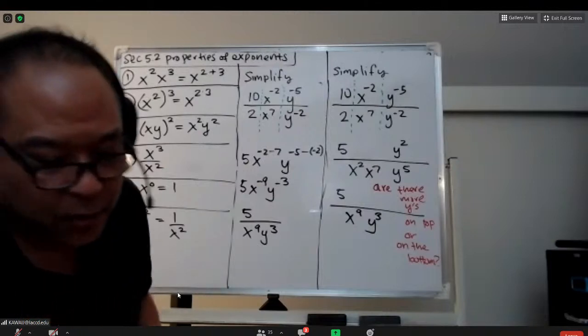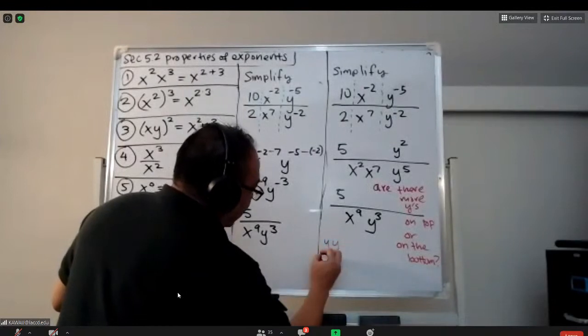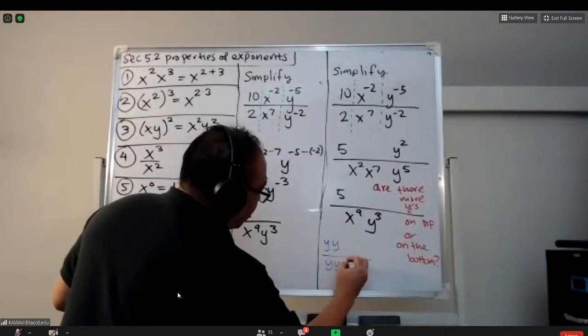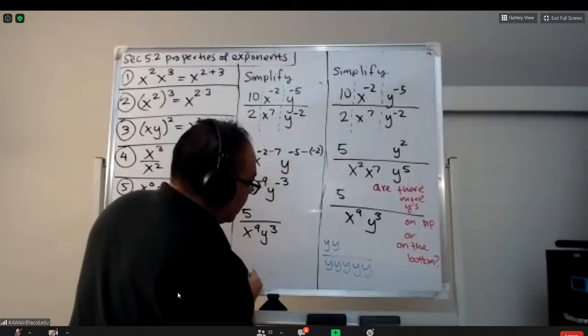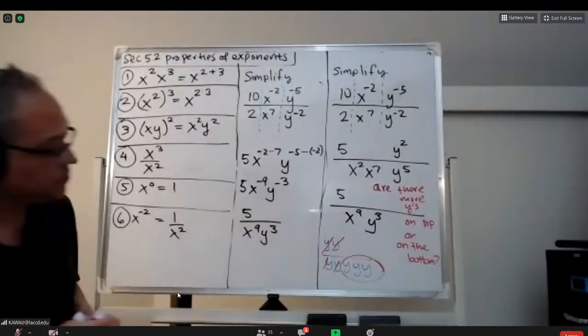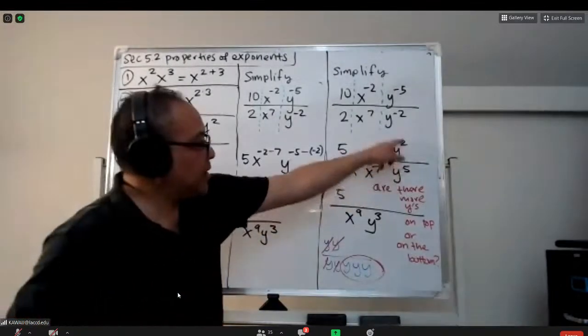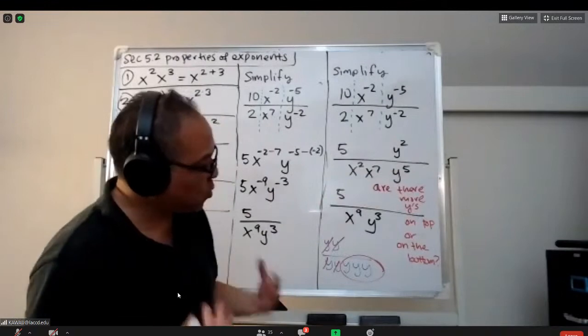Right? Because technically what's going on is I have 2 y's on top and I have 5 y's on the bottom. These will cancel, and so I have 3 extra y's on the bottom. Okay, thank you. Yeah. So you can just go 5 minus 2, but it's on the bottom because there's more on the bottom.